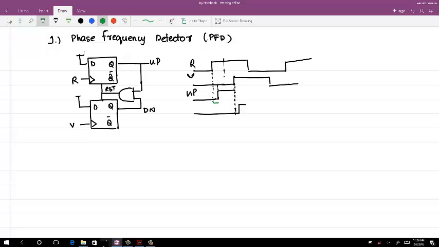This delay and this delay are the same, right? Now when up and down both go high, there is an AND clock delay, and after this AND delay, the reset to output delay, then only down will go to 0. So down goes 0 here, and when down goes 0, the up will also go 0.